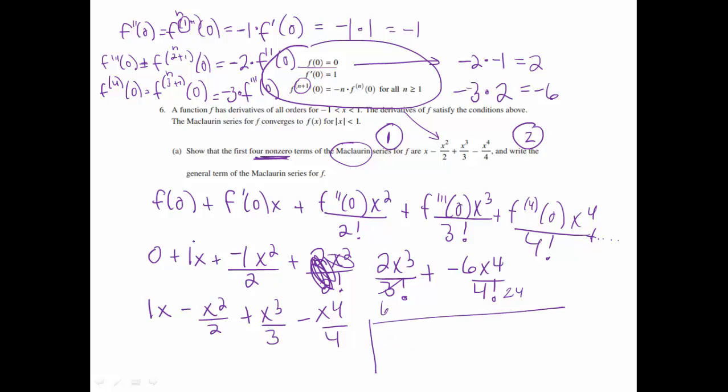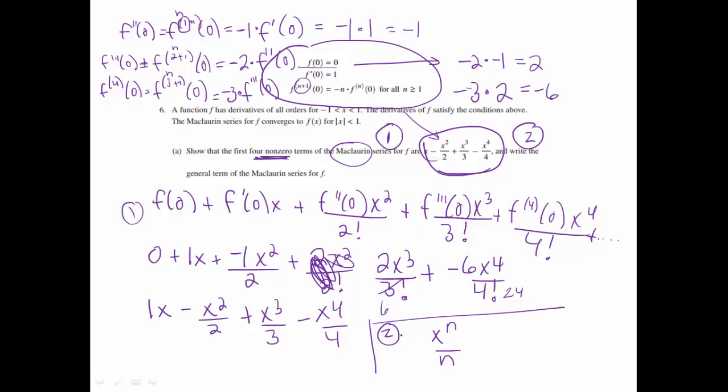The next part of it, so that was part 1. Part 2 was to find the general term. So even if you couldn't do what I just did, look at this pattern right here. What's happening every time? When n was 1, n was 2, n was 3, n was 4. To get the general term, it's just going to be x to the n over n. And then I just need to decide when is my positive and negative happening.